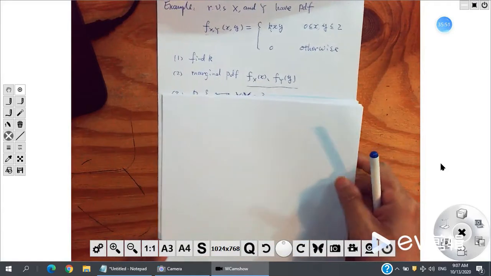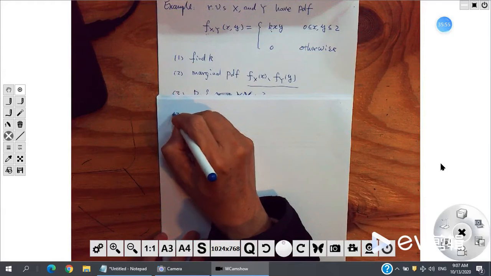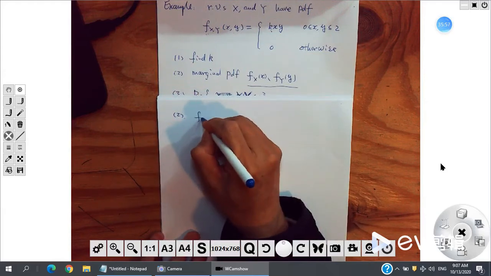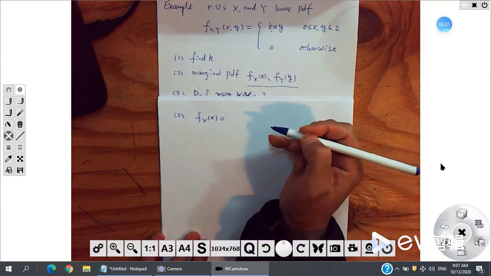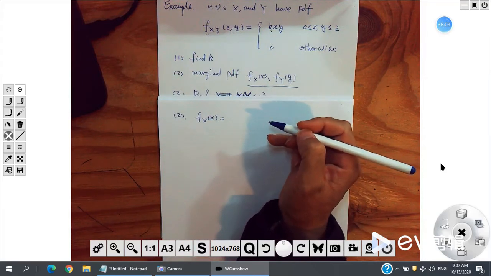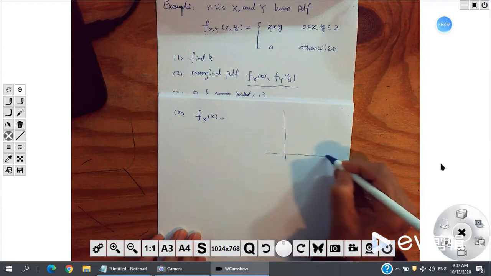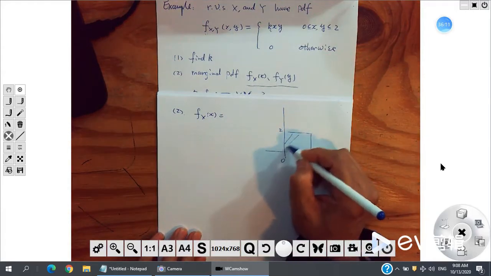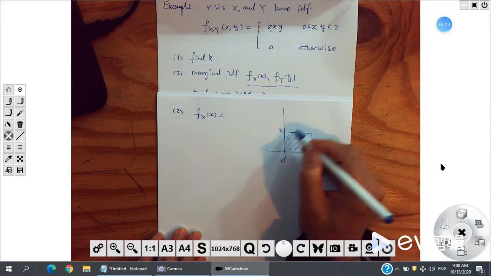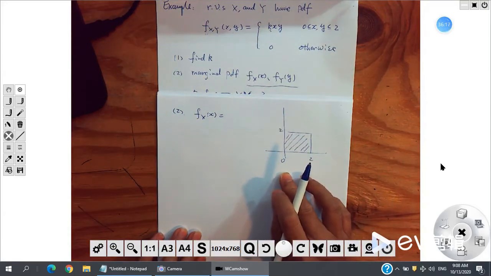How to get the marginal PDF f_X of x? You need to think about it. We have this region from 0 to 2 and 0 to 2 where we have some non-zero density, and all the outside has density 0.